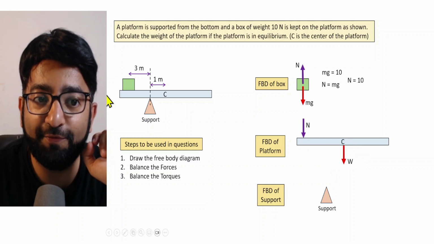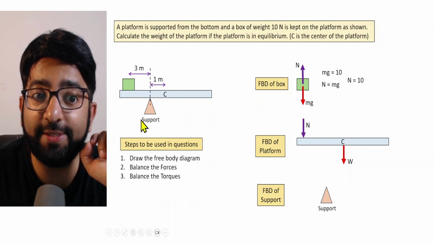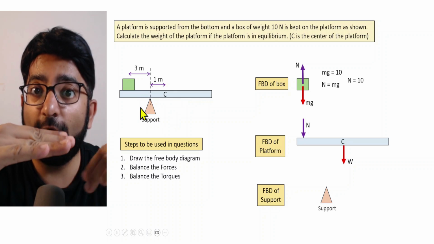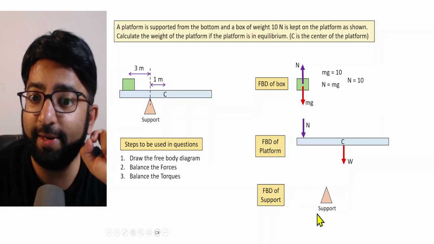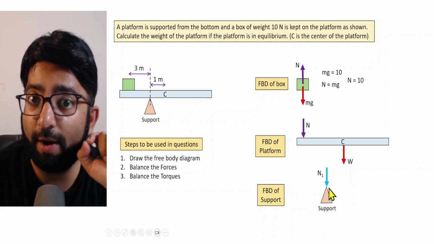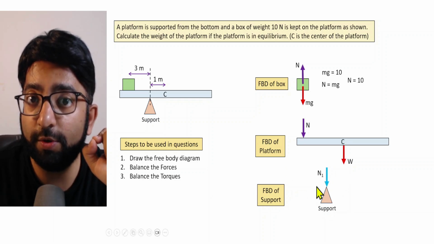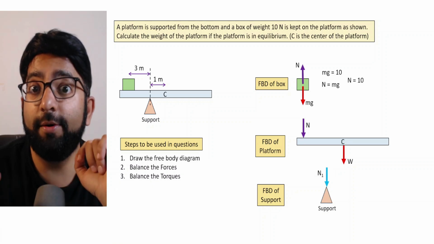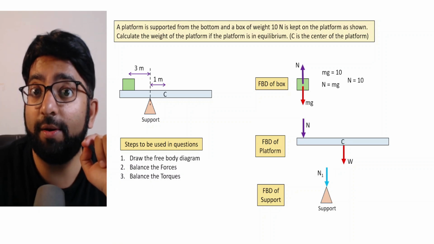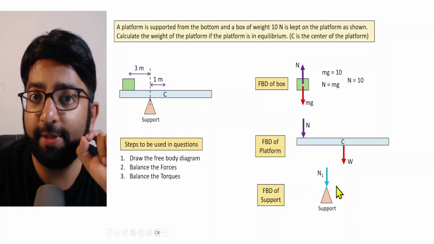Yes, there is. If you look at this diagram, the platform is kept on a support, which means the platform is actually trying to push the support downwards. To show that in the support, let me draw N1. N1 is basically the force with which the platform is pushing the support downwards. And according to Newton's third law, there has to be another force which completes the pair with N1.